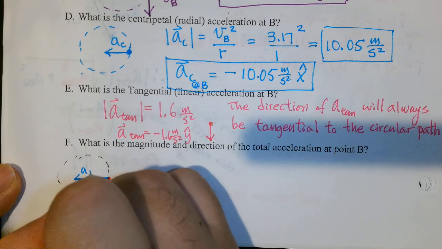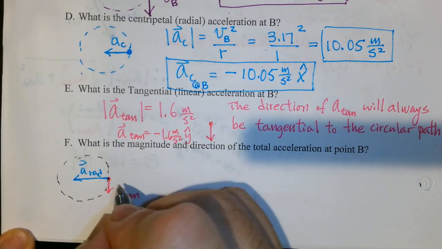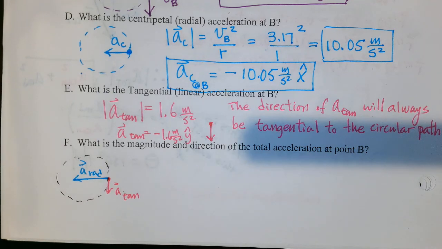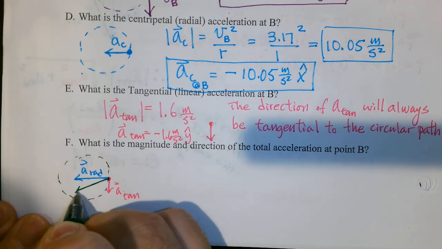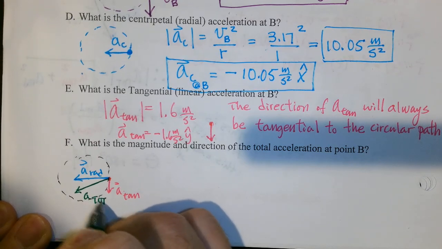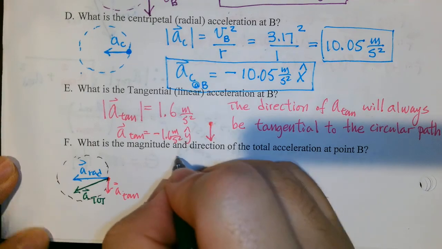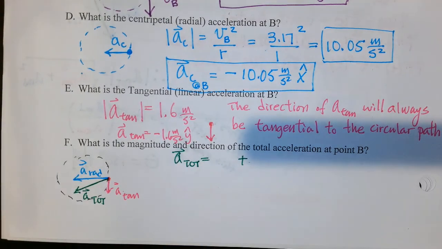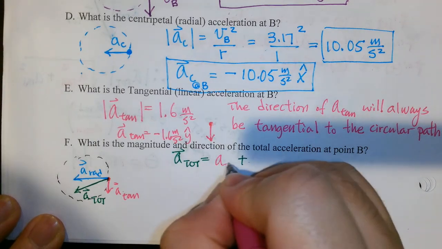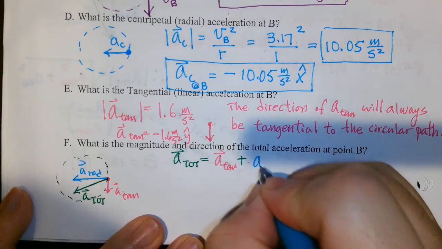And we know this is A radial. So this has to be A total. A total is equal to A tangential plus A radial.